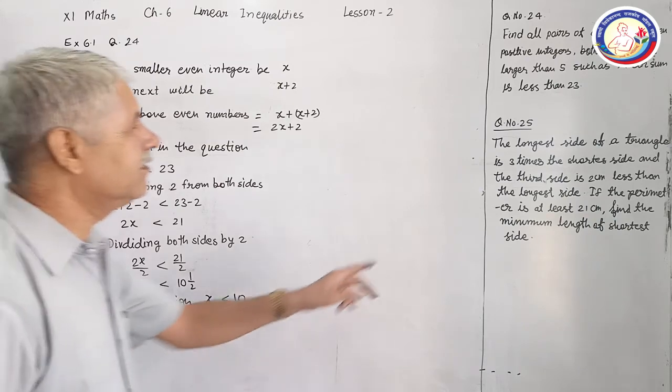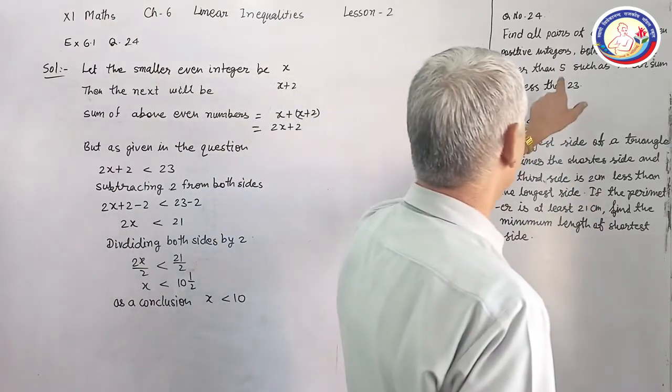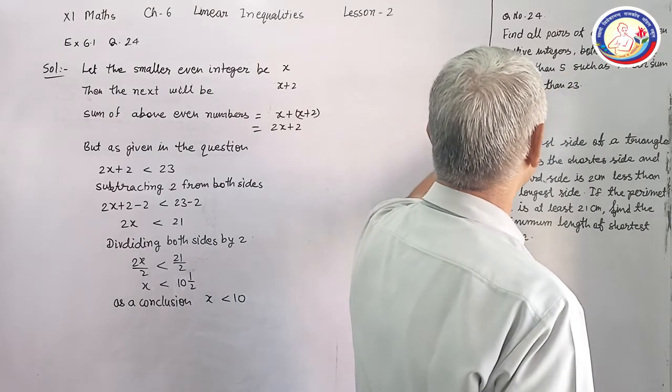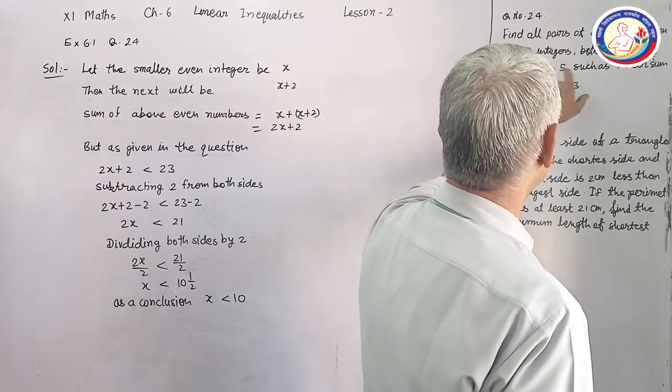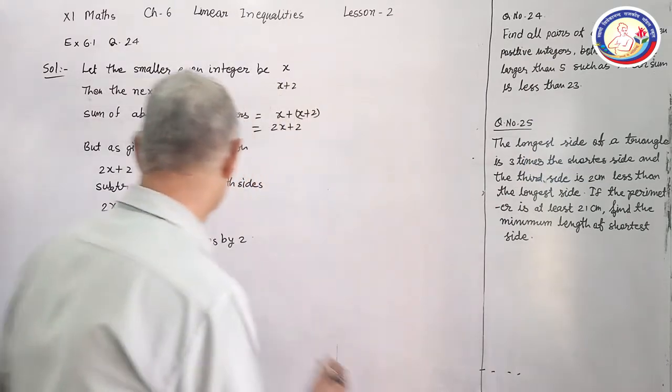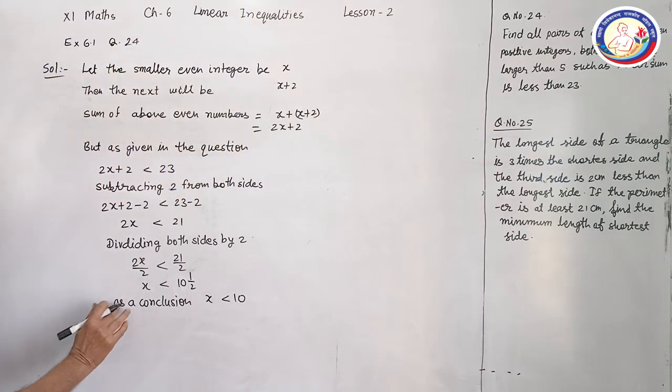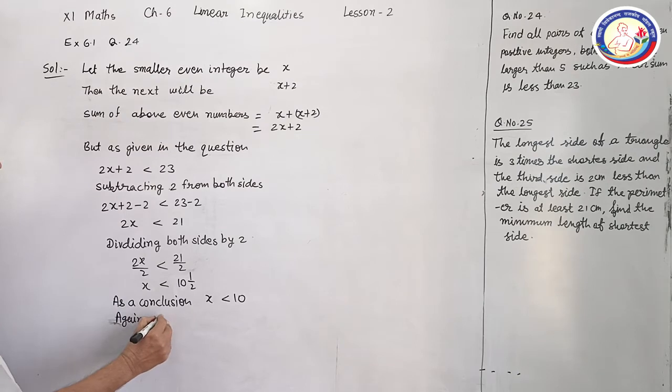Now one more condition is given, which says the integers are larger than 5. It means again x must be greater than 5.